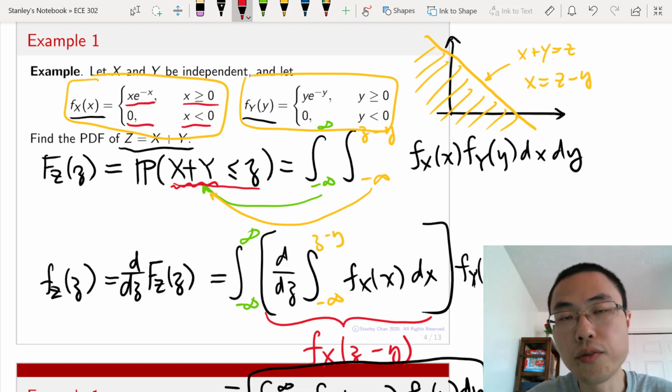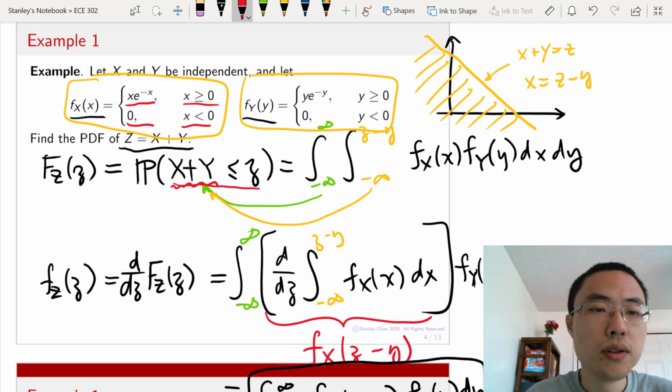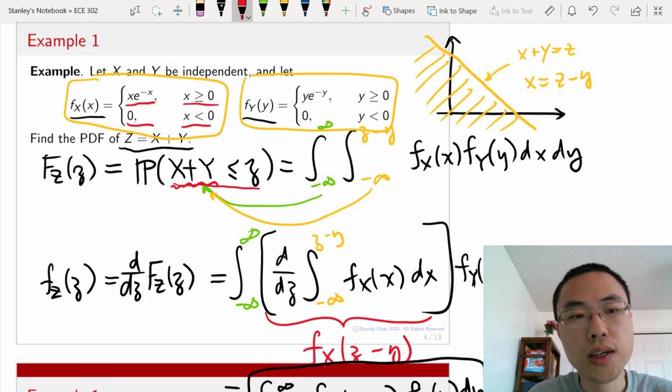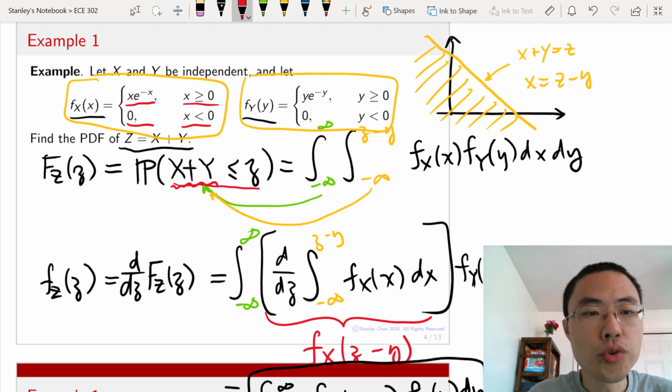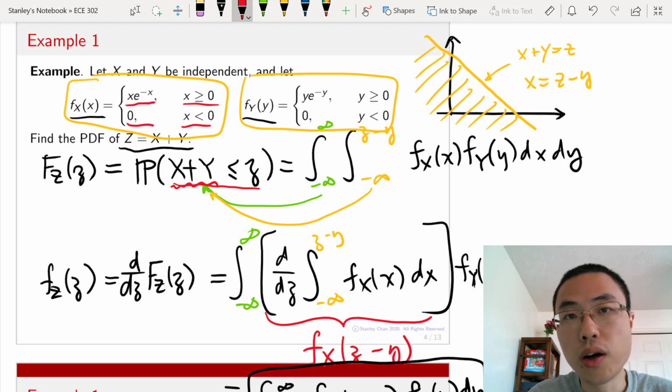So is fy. Now, this fx is non-zero when x is positive, and whenever x is 0 or less than 0, a negative number, it just gives you 0. So what kind of value can you plug into this equation? Of course, x has to be positive in order to have some value.